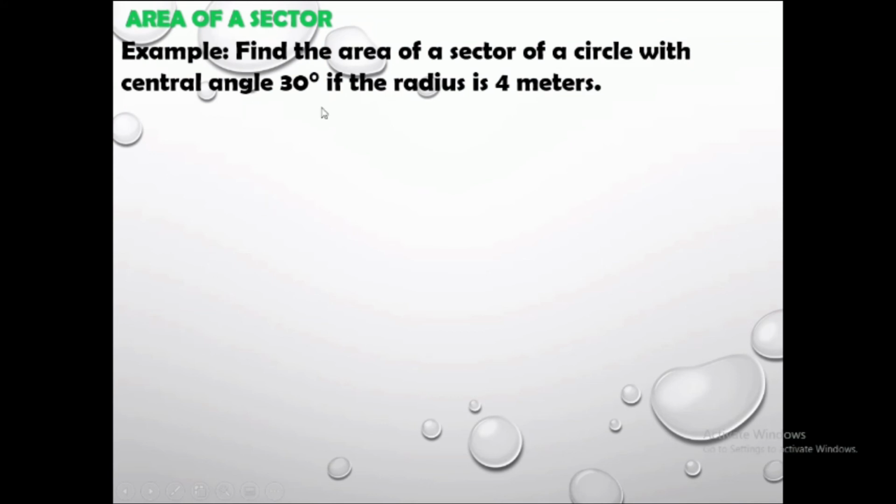Example: find the area of a sector of a circle with central angle 30 degrees if the radius is 4 meters. Given, the radius is equal to 4 meters and theta equals 30 degrees.